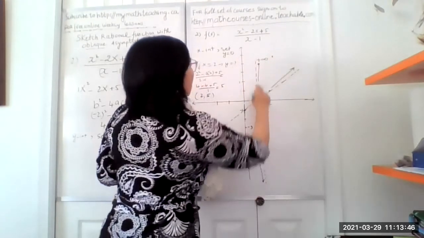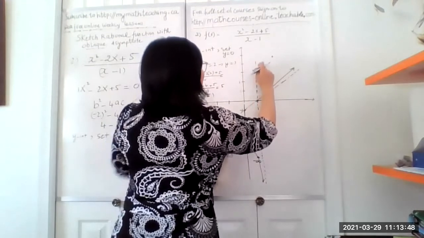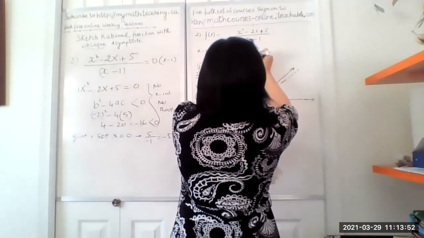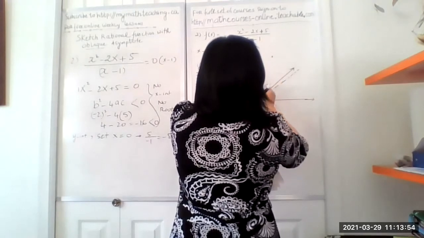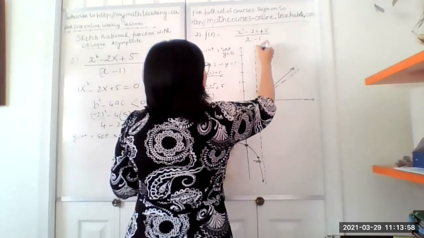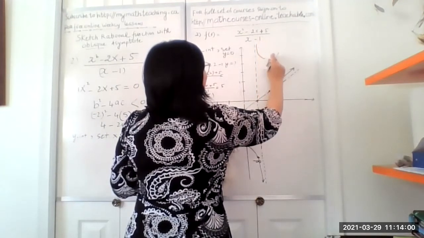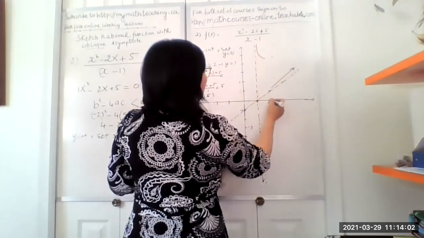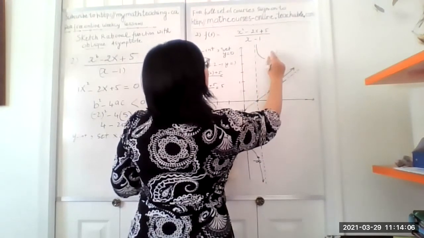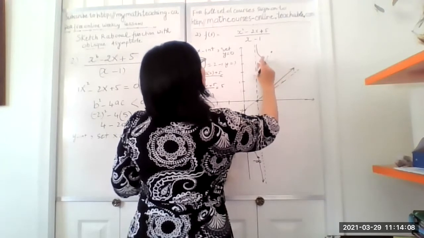Wow. So actually, our shape will appear to go through this point, right? If x is 2, 2, 3, 4, 5. So actually here.